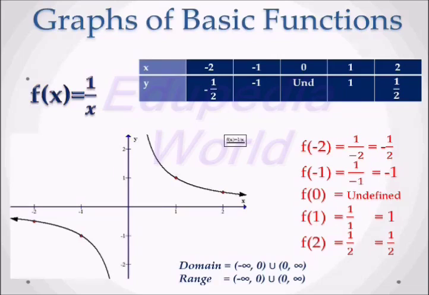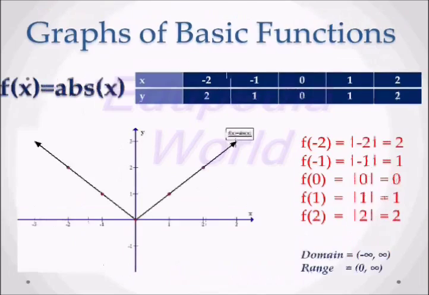Consider the function f of x equals 1 divided by x. Here, x can take all values except 0 to avoid division by 0. So, the domain of the function is all real numbers excluding 0. Correspondingly, the range will be also all real numbers excluding 0. f of x equals absolute value of x or modulus of x.